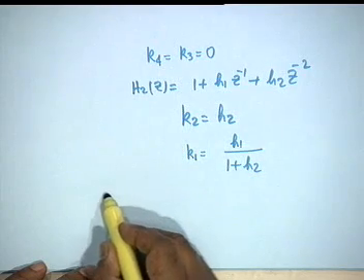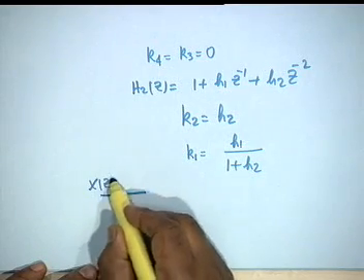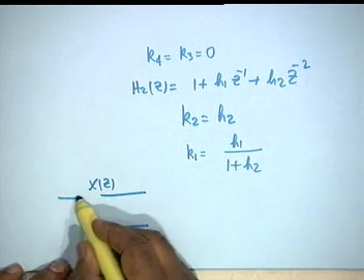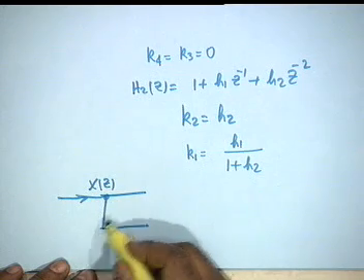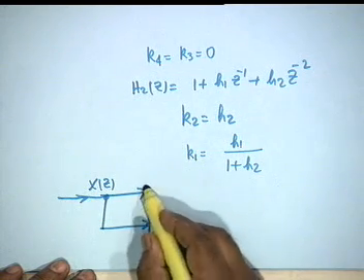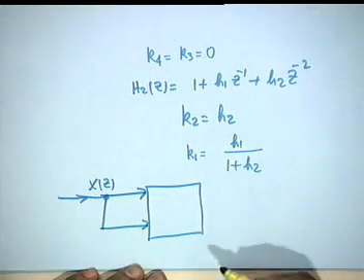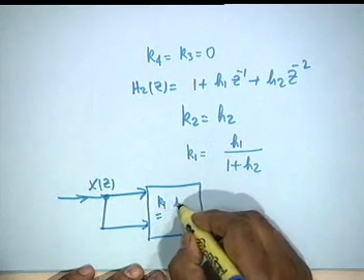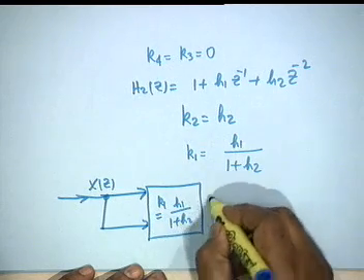Well, doesn't matter. What I have is an X of z. The first block is K1, that is K1 equal to H1 divided by 1 plus H2.